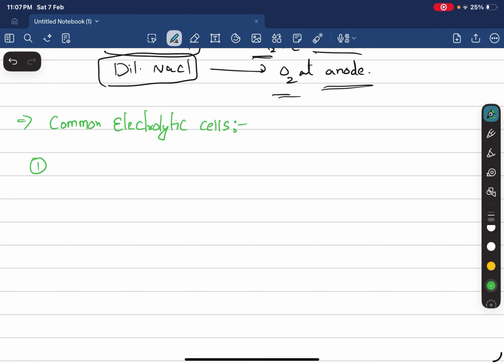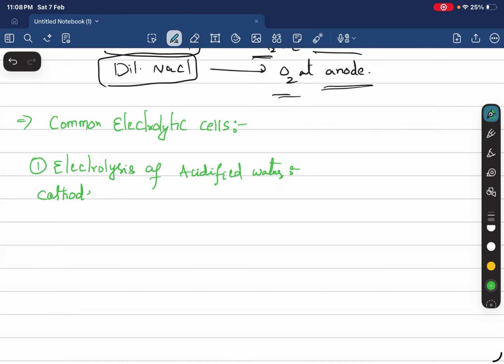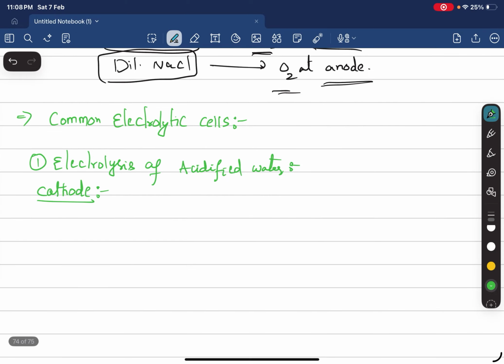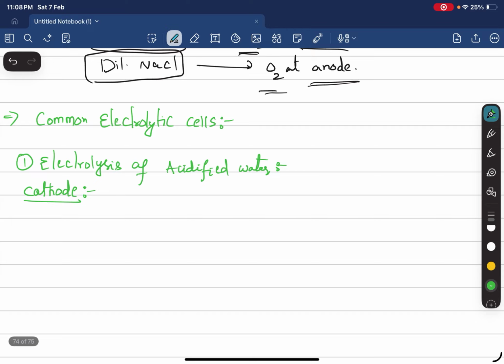The first one is electrolysis of acidified water, so the cathodic and anodic reactions. Acidified water means acid with water.